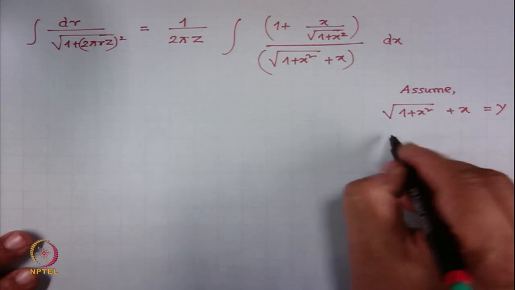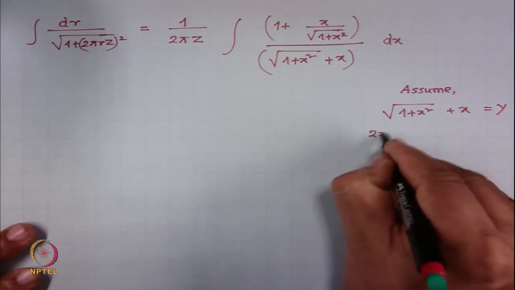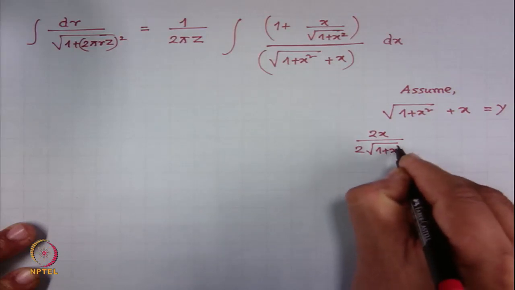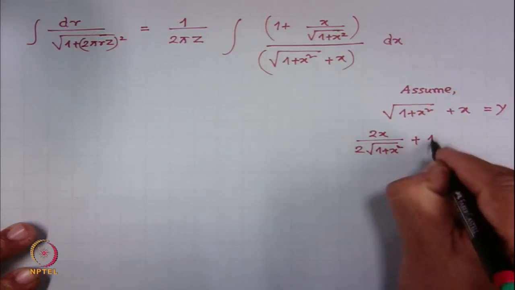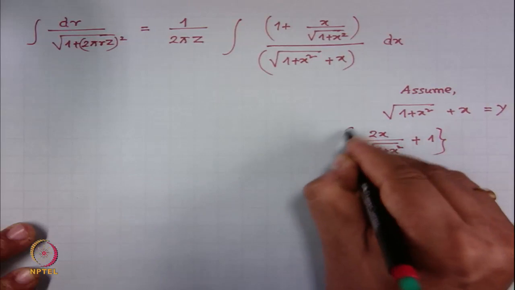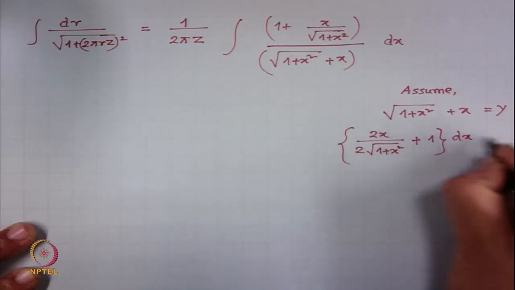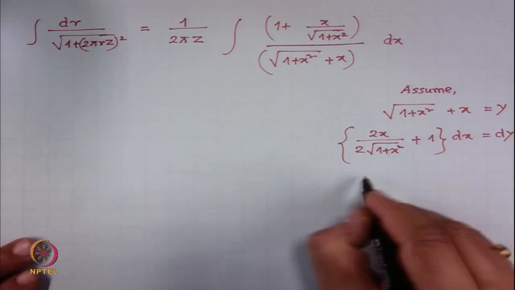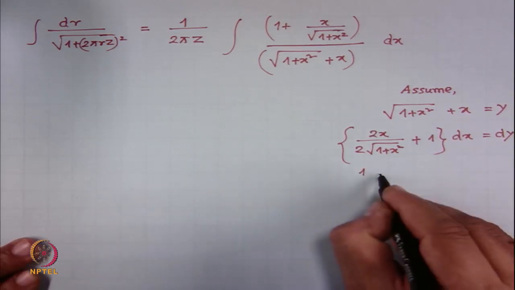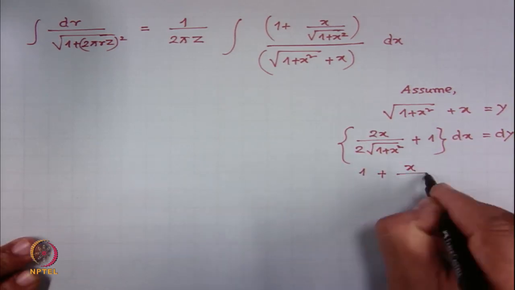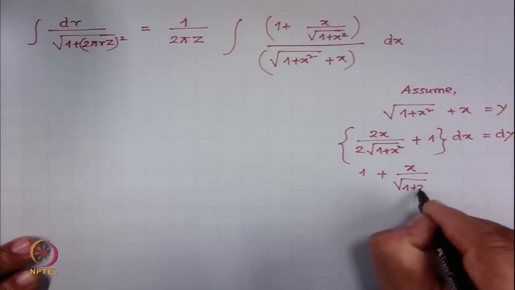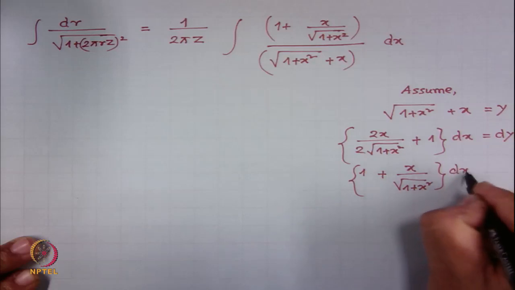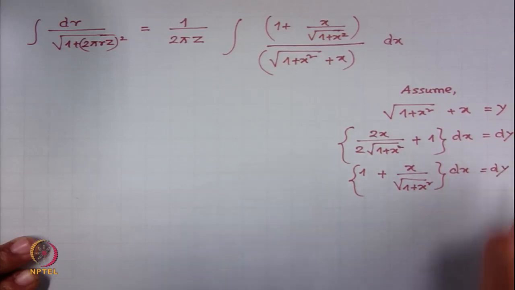So, this is 2x by this plus 1 dx is equal to dy. So, 1 plus x by root over 1 plus x square into dx is equal to dy.